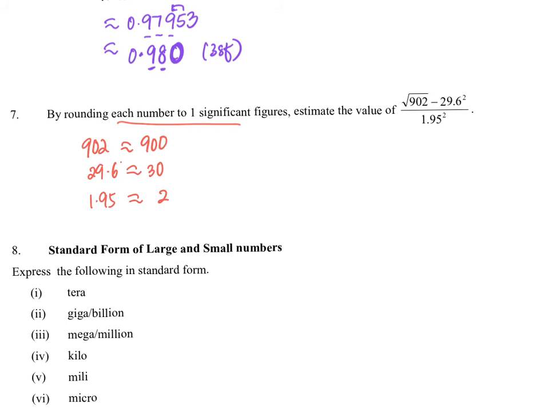Then you use this 1 SF: square root of 900 minus 30 over 2 squared. So they say already, first step is round each number to 1 SF. Then you calculate this answer through an estimation value. This will be 30 minus 900 over 4. My brain doesn't work.